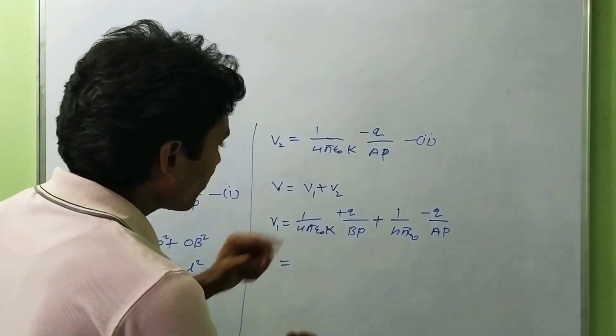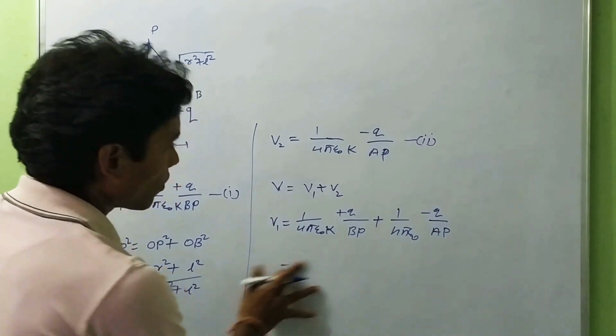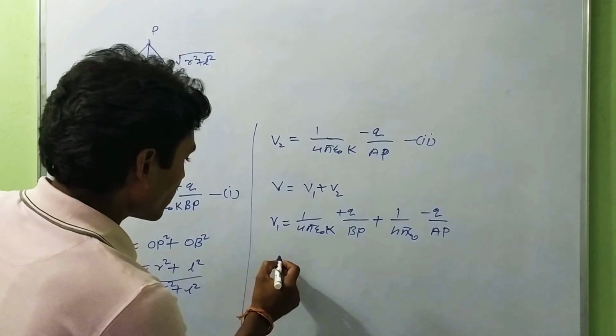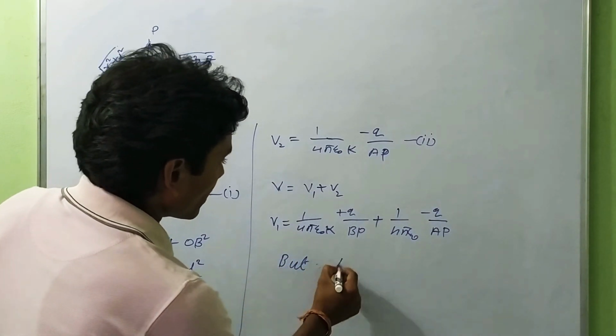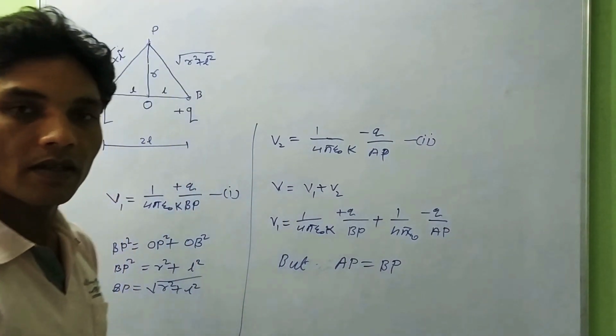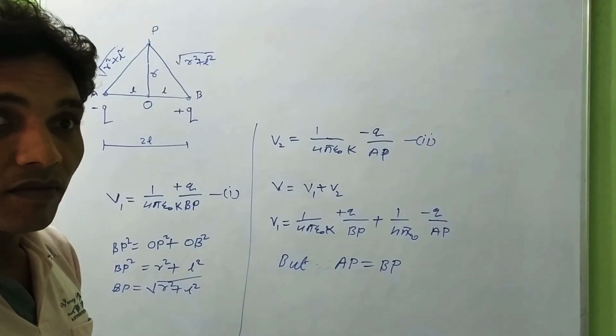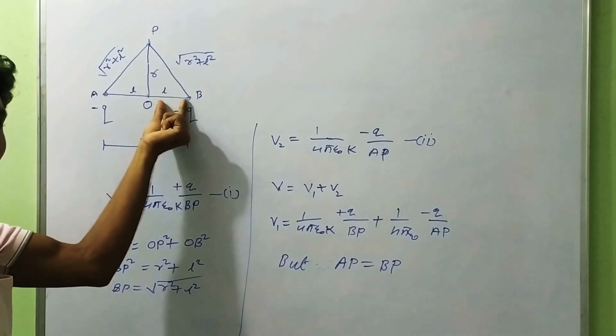Here, AP equals BP. How? Because OA and OB are equal.